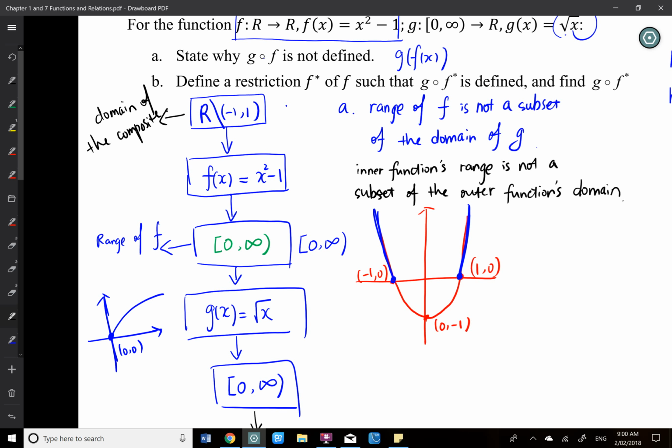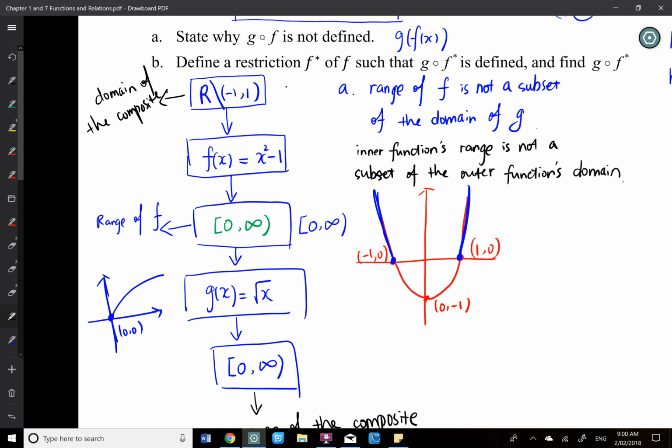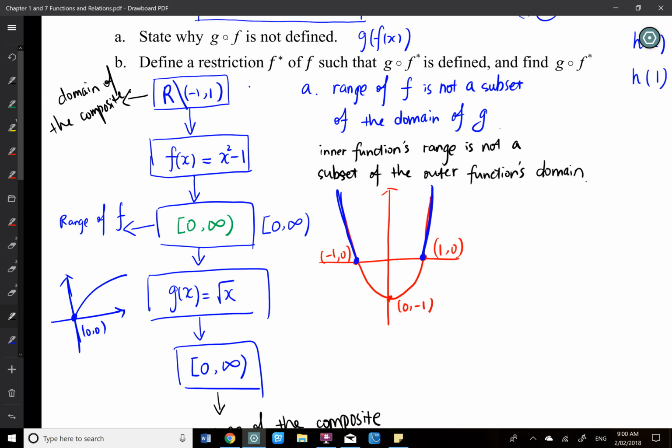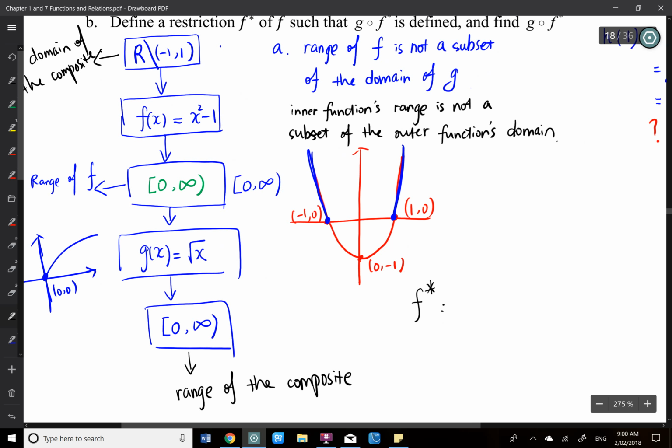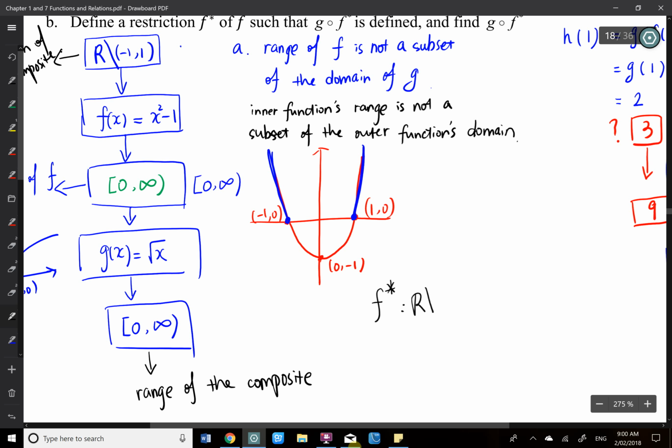If you look at part B, define a restricted f star of f to make g of f star defined, and find g of f star. So f star needs to be R except -1 to 1 mapping to R, where fx equals x, f star x equals x squared minus 1.